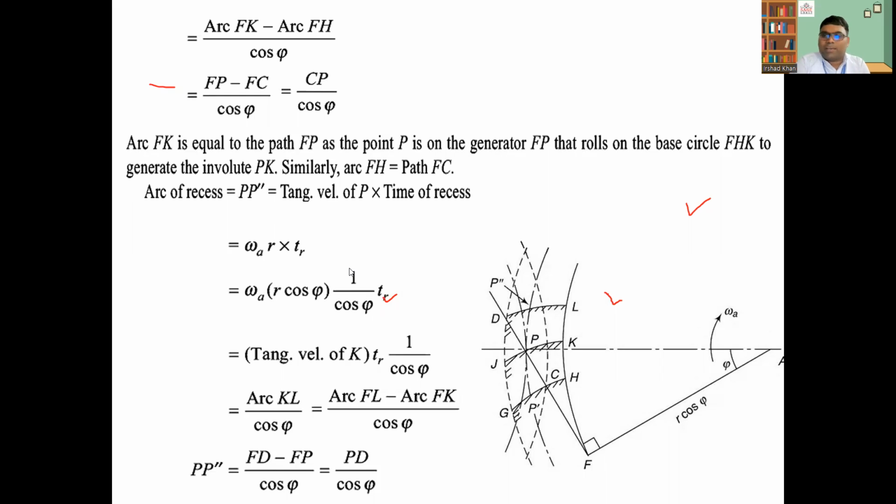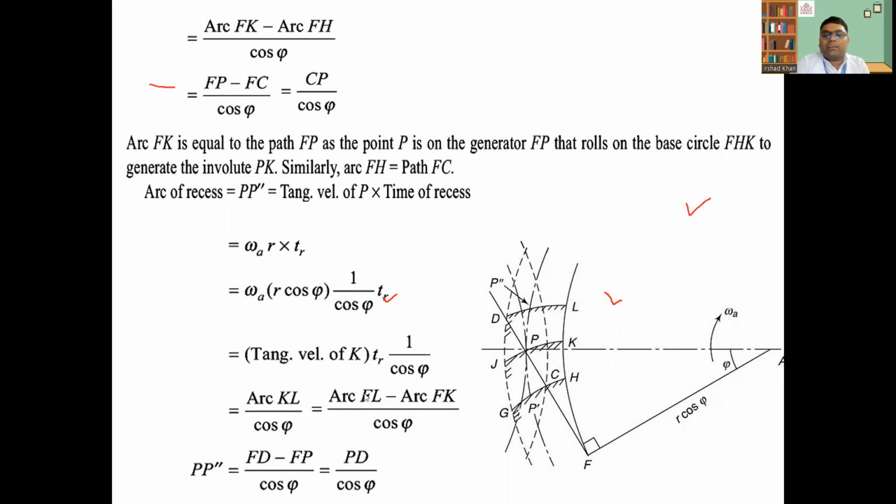Similarly, we can apply this concept to calculate the arc of recess, meaning the P to P double dash part. Same concept: the tangential velocity of P into the time of recess is omega A into R dr. Then we can rewrite this R as R cos phi, and here R cos phi becomes the tangential velocity of K. This radius is the same for each point H, K, L. So now we can rewrite the tangential velocity of K into dr as arc KL upon cos phi.